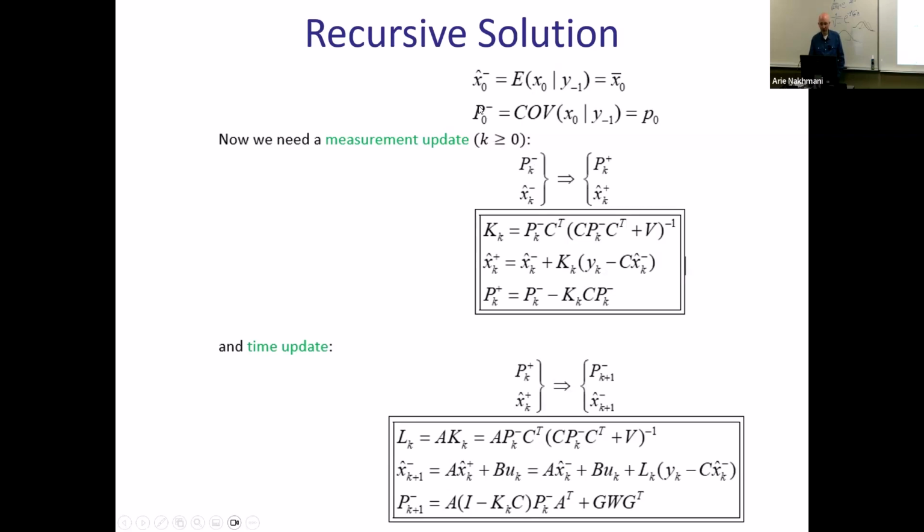We want to convert P_k minus, starting with P_0 minus and x_0 minus, into the same thing with plus, which means before measurement versus after measurement. So you are modifying x and P, which are the estimated state and covariance matrix before measurements, to the a posteriori ones, which are after measurement. All right, so far. So this is what these formulas are doing recursively.